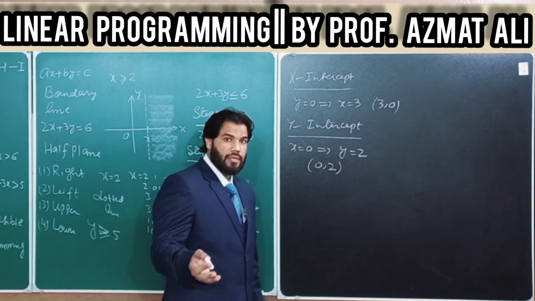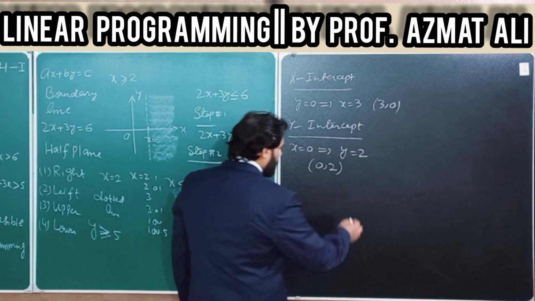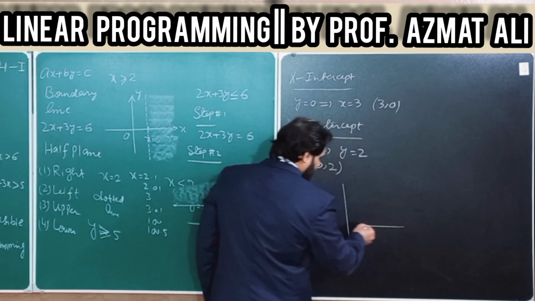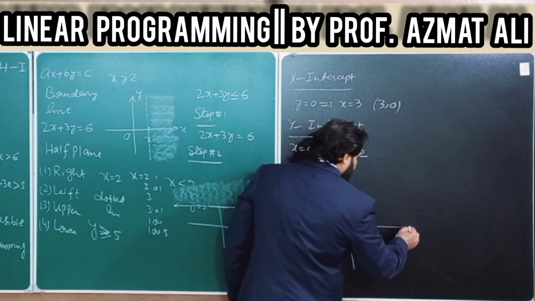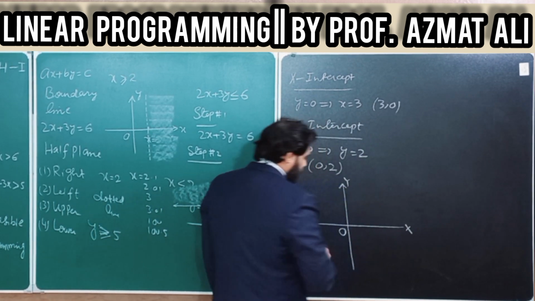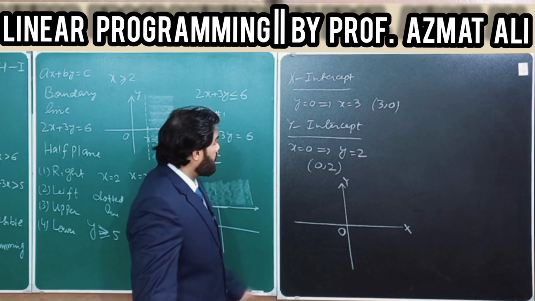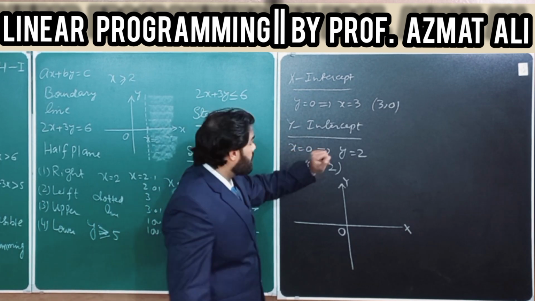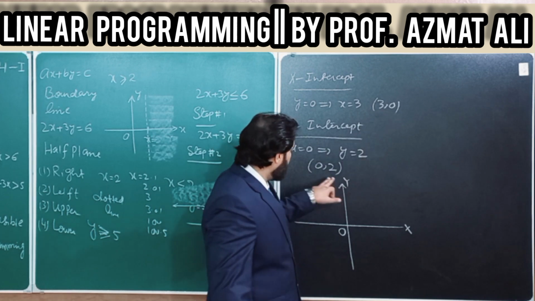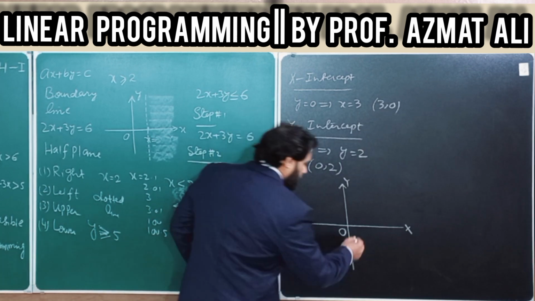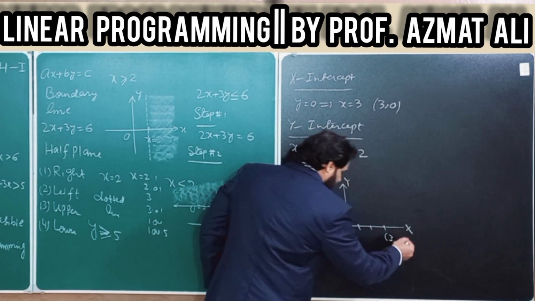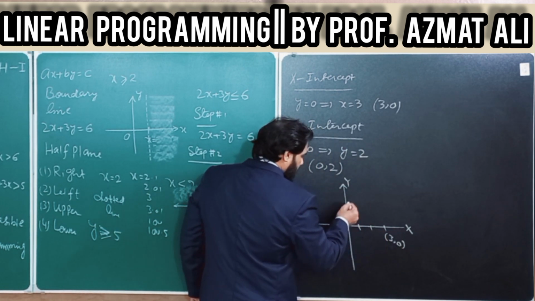Next we make here the x-axis and y-axis. Suppose this is the y-axis and this is our x-axis. This is our origin. Next we plot here the x-intercept and y-intercept. Here the value of x is 3 and the value of y is 2. So suppose this is 1, 2 and 3. This is the point x 3, y 0, and 1, 2.